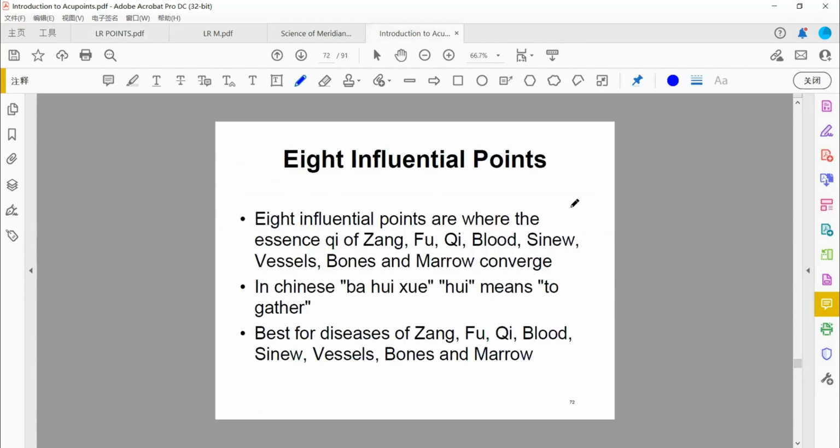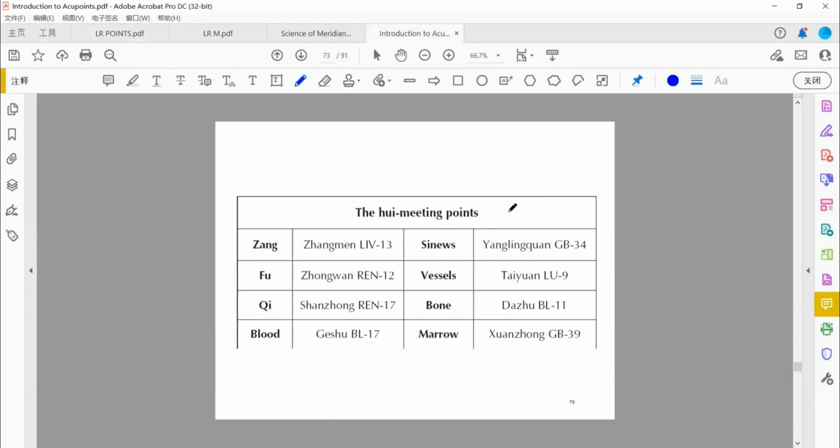Yeah, the 8 influential points, or hui meeting points: zang, fu, qi, blood, sinew, vessel, bone, marrow. That means if any zang organ has something wrong, you can use Liver 13.